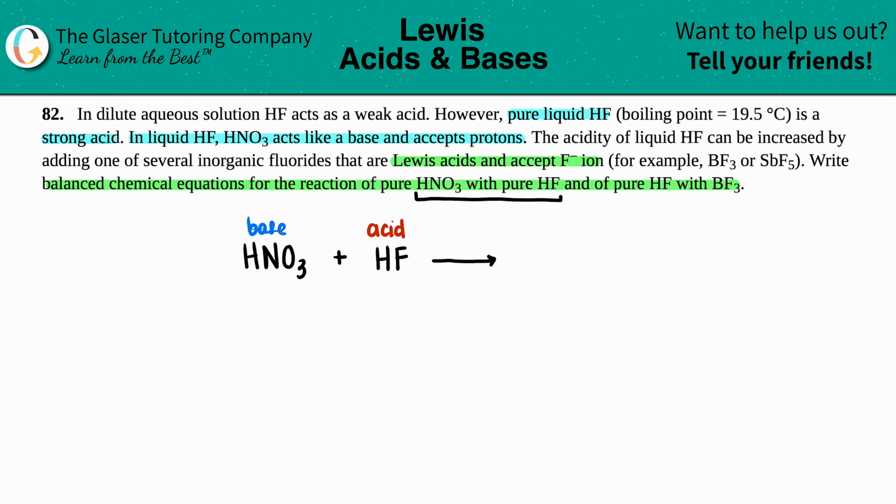Now, this is just going back to the acid-base chapter, right? Remember, acids always donate their hydrogens, aka a proton. Whenever you see the word proton, this just means the H plus. So the acid will donate its hydrogen. That's the proton. So the H goes with the base.